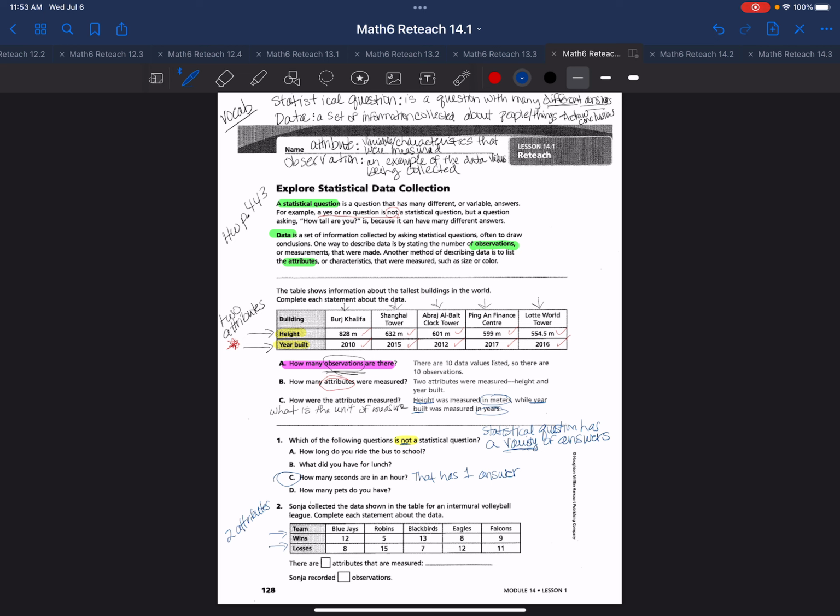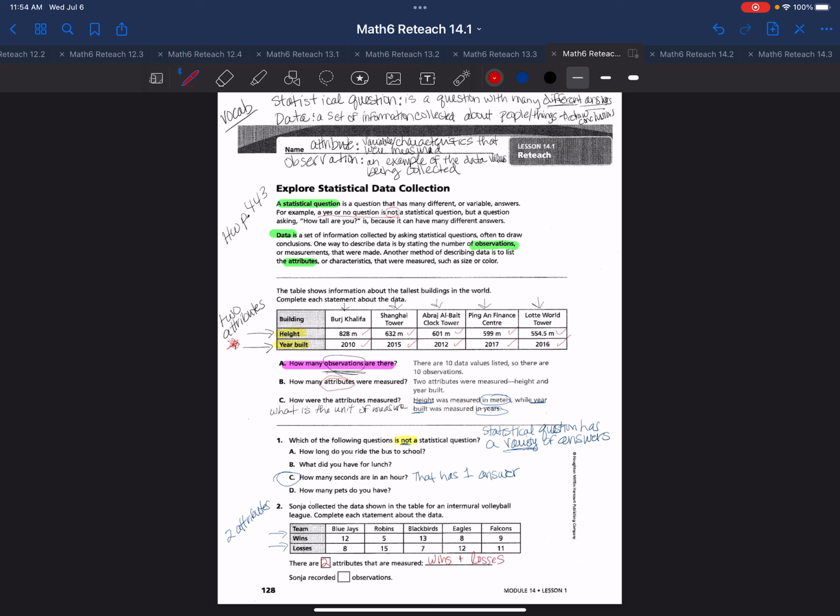And then we know about observations, meaning in the table we have 5 teams that we're looking at, different volleyball teams, but we're looking at wins and losses for each of them. So we know there are 2 attributes, which are wins and losses.